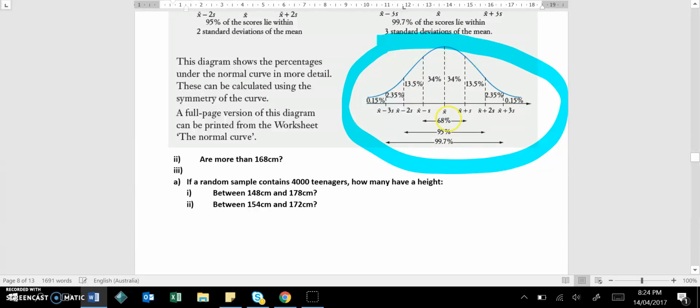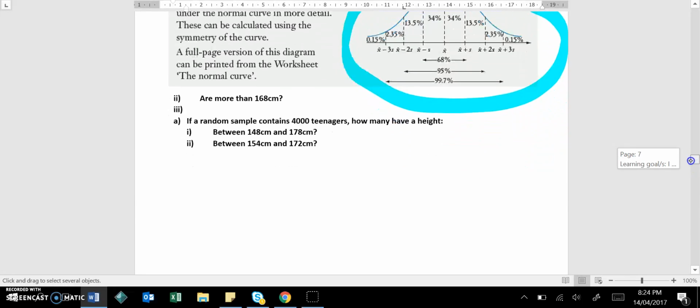So just going over it again, the x bar means that's the average, that's where the mean is. Then you have within one standard deviation of the mean 68%, and it's 34% on either side. And you can see how it progresses. Under the curve, we account for 99.7% of scores, though there are 100% of scores under there. Okay, so that's important.